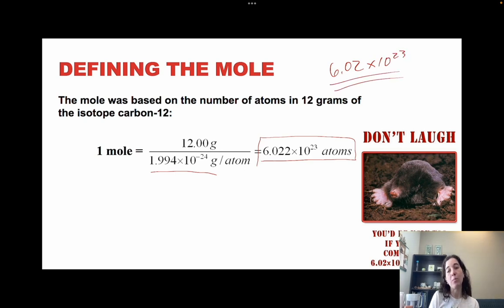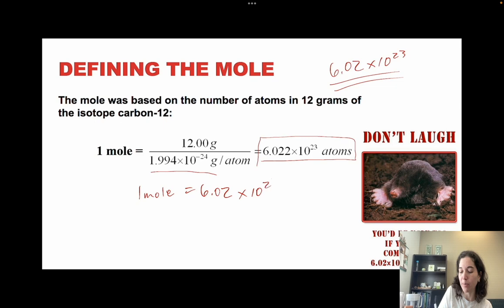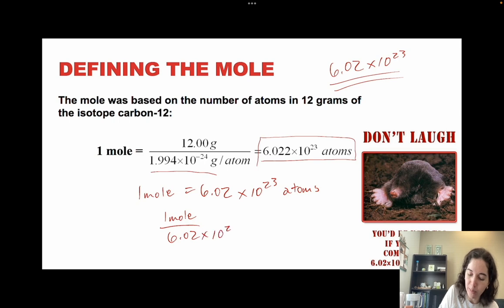The unit on this is pretty important. So here it says atoms. This is atoms per mole. So one mole is equal to 6.02 times 10 to the 23rd atoms, which means that if we are conducting unit conversion with this new unit, for every 1 mole, we have 6.02 times 10 to the 23rd atoms. You could also flip it around. You could say for every 6.02 times 10 to the 23rd atoms, that's inside 1 mole.